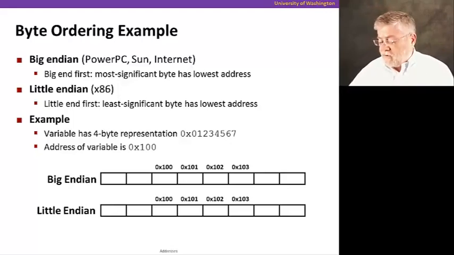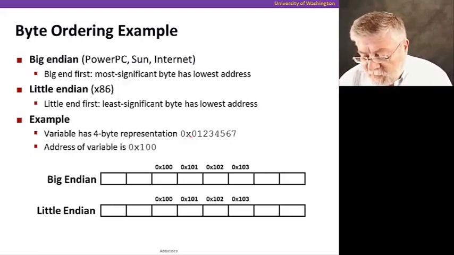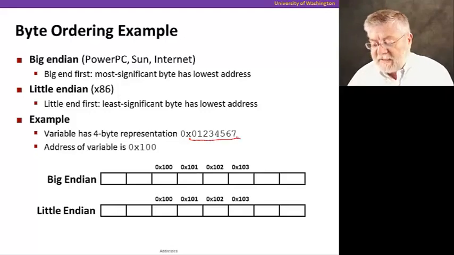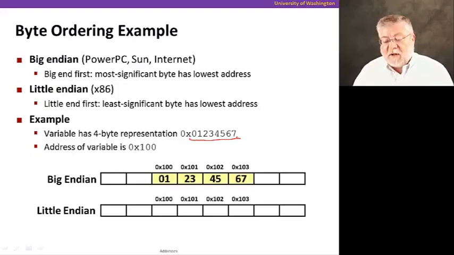So let's do a quick example to demonstrate that. Suppose I have the following 8-digit hexadecimal number, 01234567, and I want to store that in a word at address 100 hex. In a big endian computer system, it would be stored as follows.